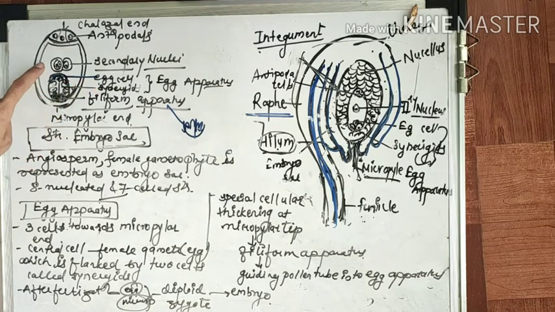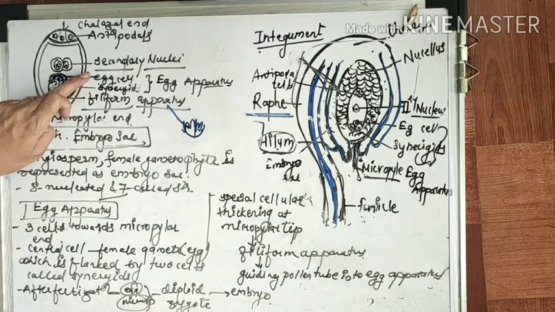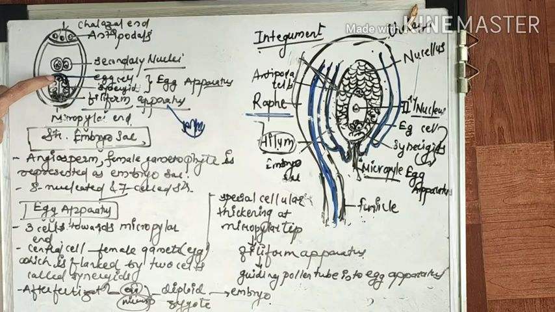So it is a group of 3 cells, 2 synergids and 1 egg, towards the micropylar end, and the central cell is called the female gamete, or egg cell, which is flanked by the synergids.